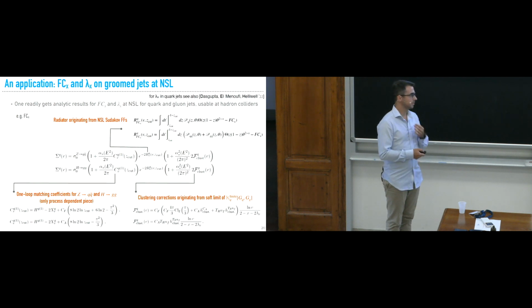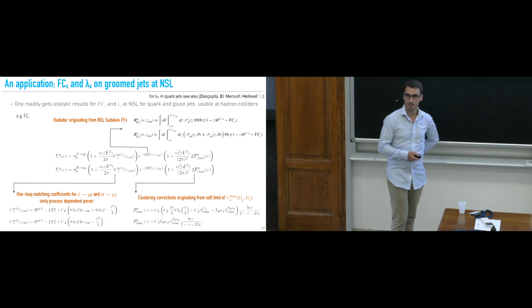So this C is just the NNLL matching to full QCD. Then this exponent R is inherited directly from the Sudakov form factor, which is supplemented with the observable's constraint, both for the FC sub x and for the angularities, although I don't write it here. And then finally, you see the effect of this K finite term that leads to this clustering correction that essentially is coming from the soft limit of this object.